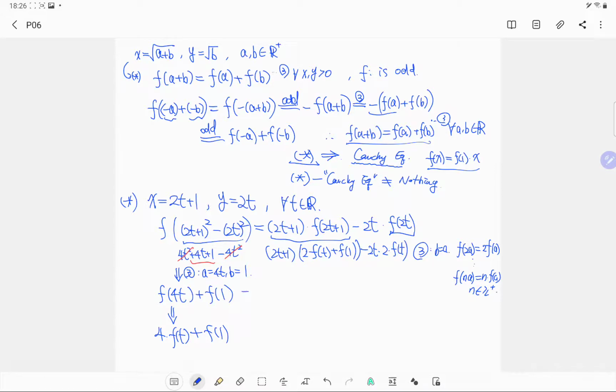So we have 4t times f of t, and then plus 2 times f of t, plus 2t f of 1 plus f of 1, minus 4t f of t.